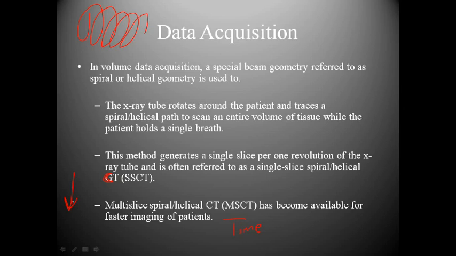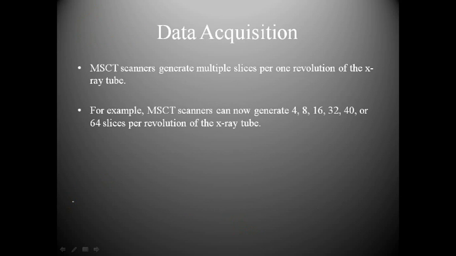We've seen a growing shift to utilizing CT to a higher degree. Multi-slice CT scanners generate multiple slices per one revolution of the X-ray tube. For example, multi-slice CT scanners can now generate 4, 8, 16, 32, 40, 64 slices, 256, and even 320.